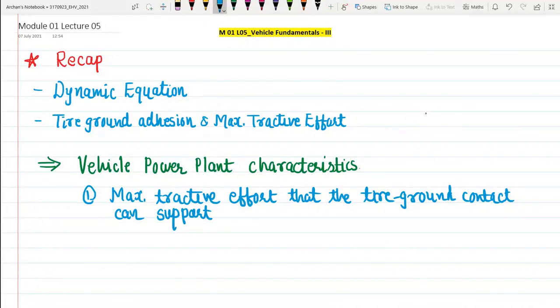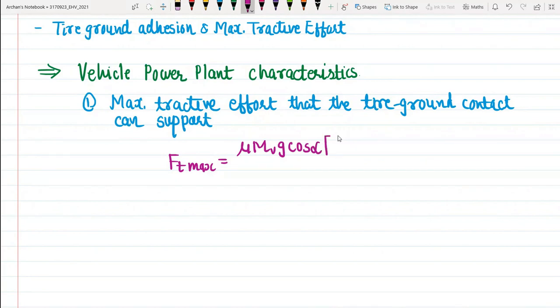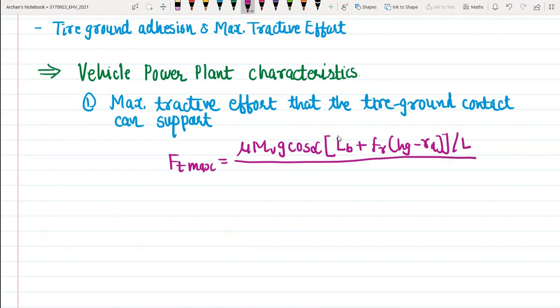That was Ft max is equal to mu mvg cos alpha into Lb plus Fr Hg minus Rd, divided by L, and the entire term is divided by 1 plus mu Hg by L. So this was our equation.